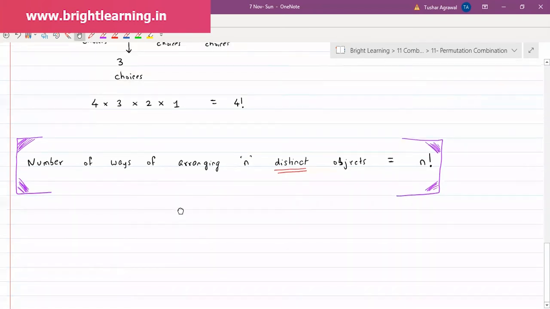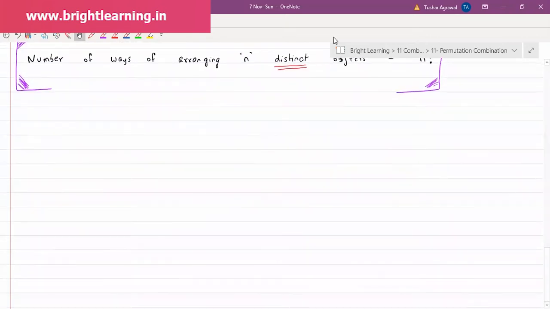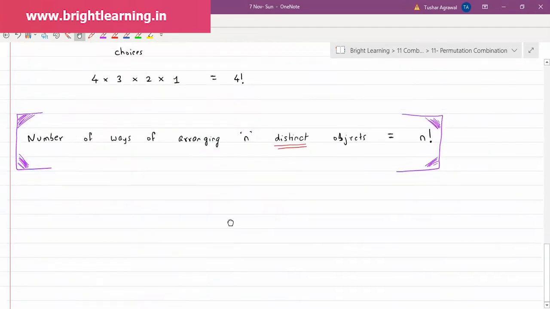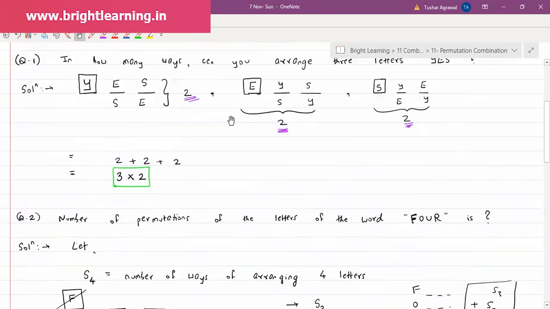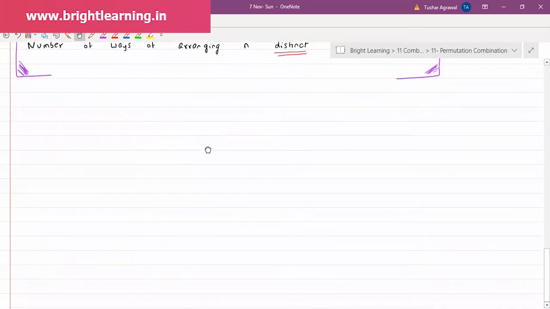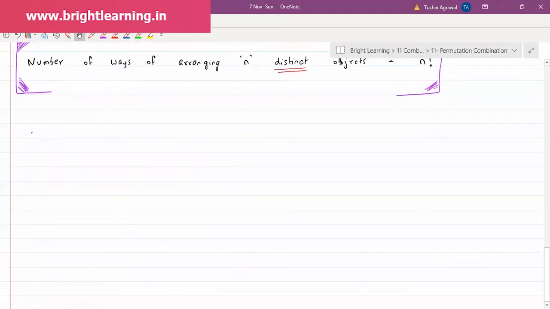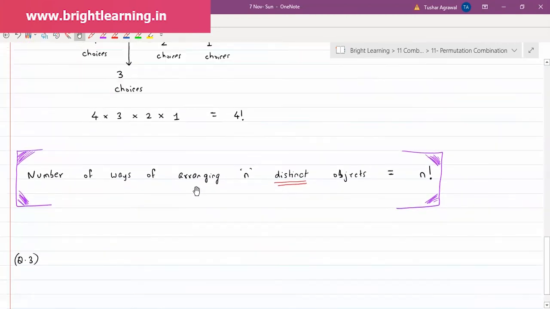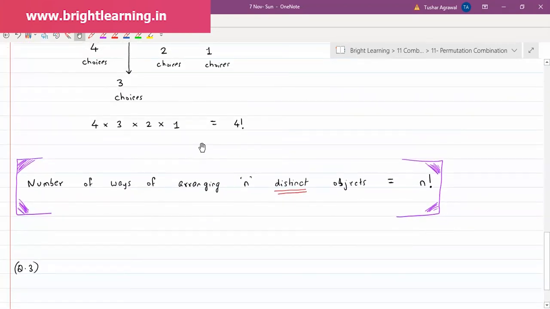Now, this was question number 2. Questions we have done, right? Now if you have this straightforward formula, be sure that in your JEE exams or even in your board exams, nobody will ask you straightforward questions like four distinct objects are there, in how many ways can you arrange them?